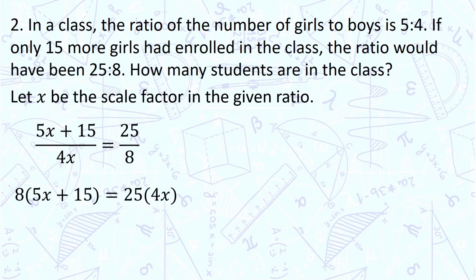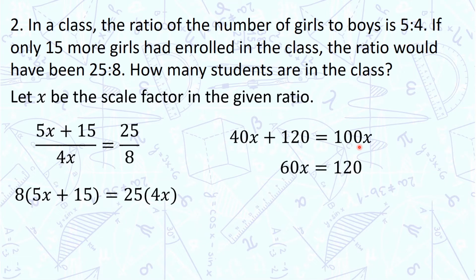So we'll have 8 times (5x plus 15) equals 25 times 4x. By distributive property, 8 times 5x is 40x, and 8 times 15 is 120, equals 25 times 4x, 100x.